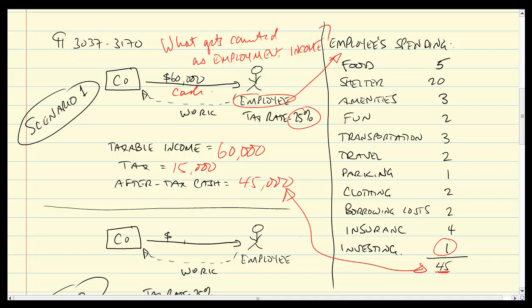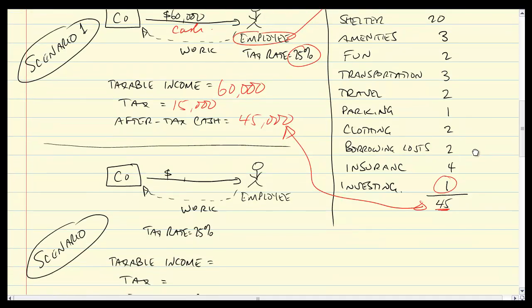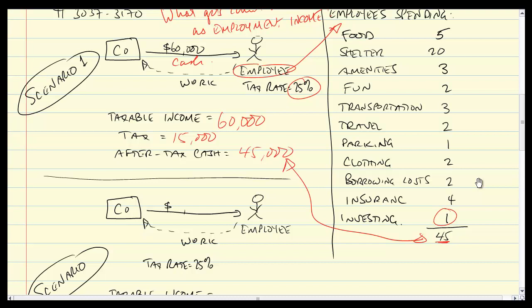Well, what if the company says, you know what, let's just change the scenario slightly. Instead of paying you $60,000, why don't we pay you $40,000? You'll continue to provide us with the exact same amount of work, but we'll pay for your house. So we will make your mortgage payments for you, which in this guy's case is large, right? It's half of what's going out in the year.